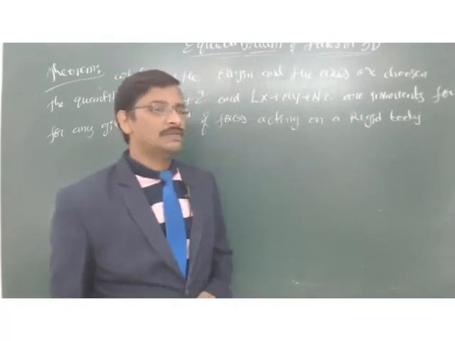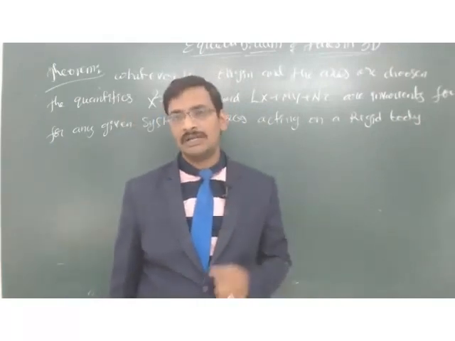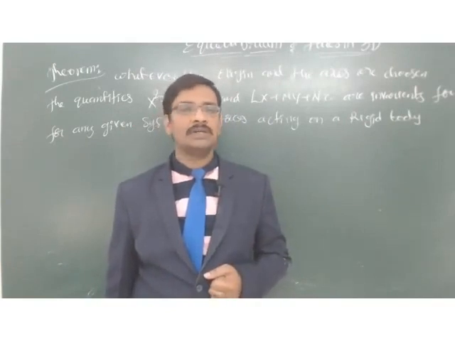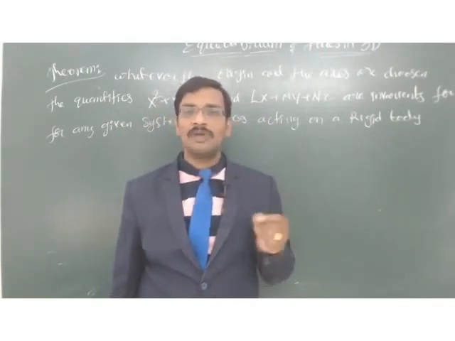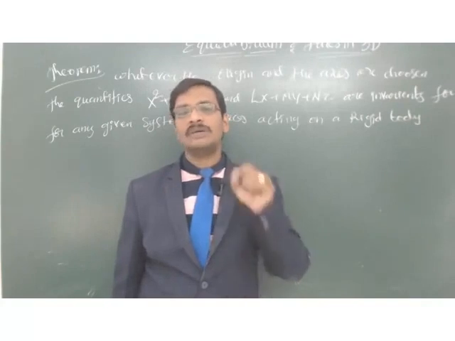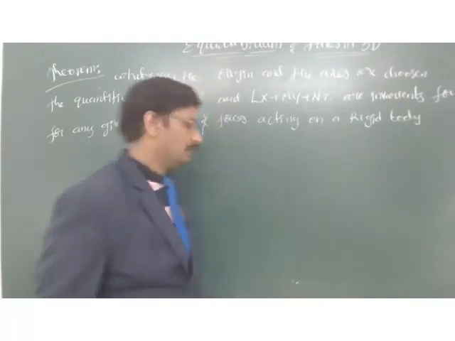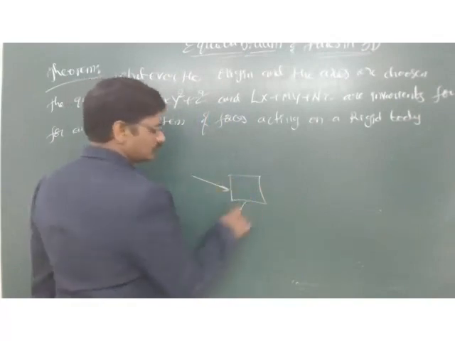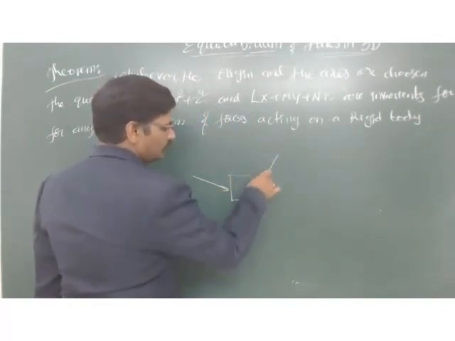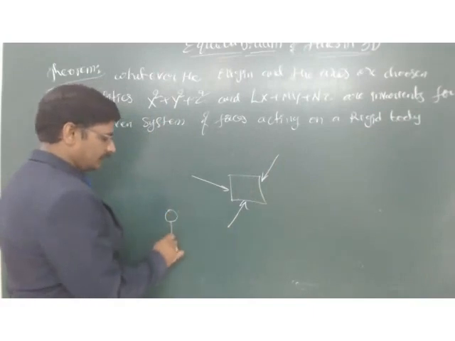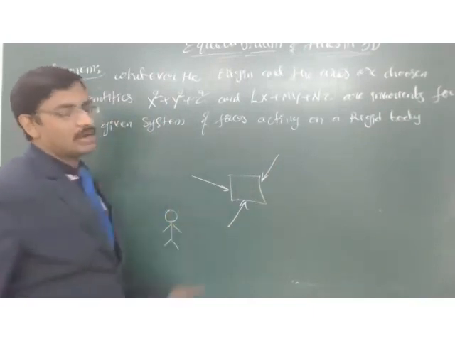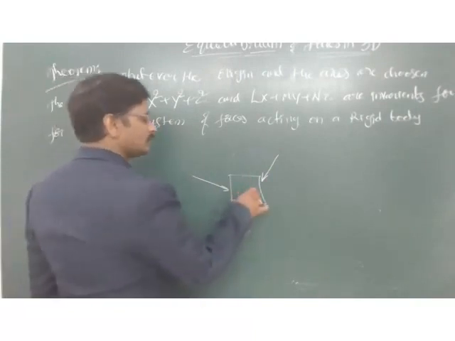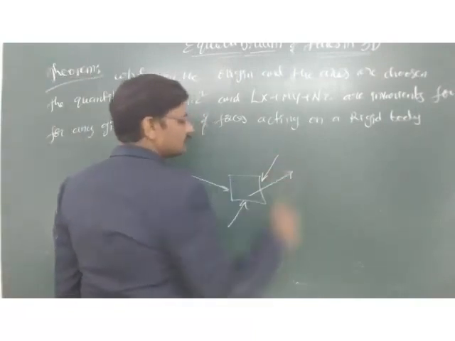Suppose there is a certain system of forces, let us say there are 3 different forces acting on a body. Now it doesn't matter from where you look, it always results into the same force, right? Suppose there is a body like this, so this is one force and this is one force and this is one force. Now a person standing here is trying to look at these forces. Now this will have a definite resultant, and let us say the direction of the resultant is this one.